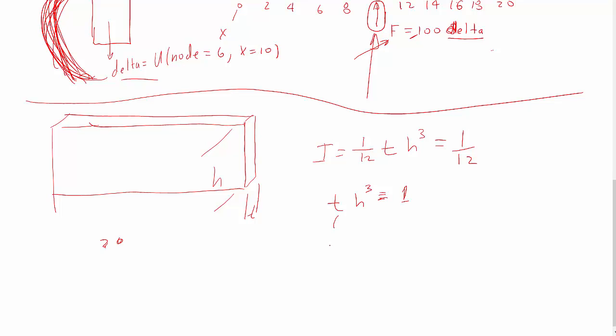So I can arbitrarily pick 0.001 to make it a thick beam. If I do that, H to the third has to be 1 divided by 0.001. Divide that out. H is equal to what?